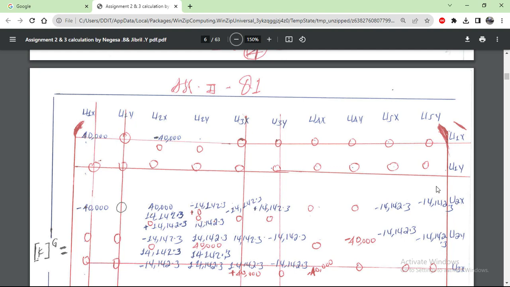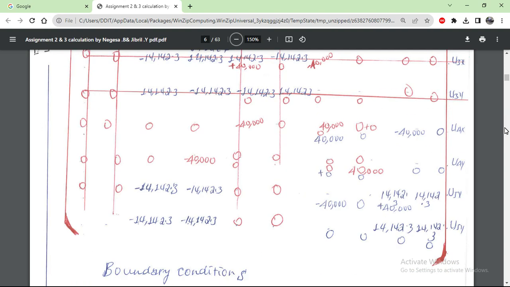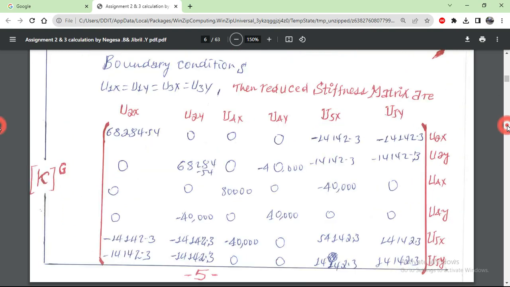Every one is written in its position. Then they are written like this one. We eliminate these ones. Around this one, we have no data. We eliminate them because they have no forces at those points.